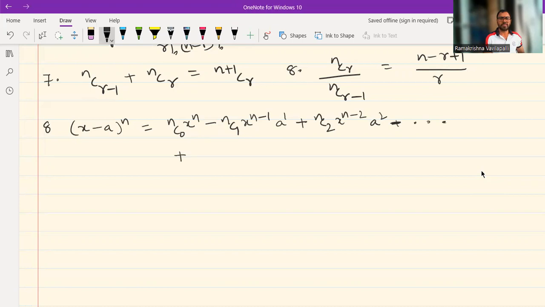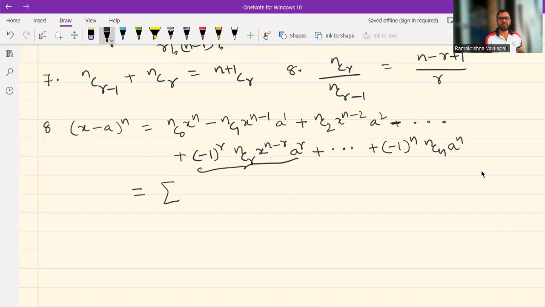So what will be the general term? (-1)^r nCr x^(n-r) a^r, plus and so on. The last term is (-1)^n nCn a^n.